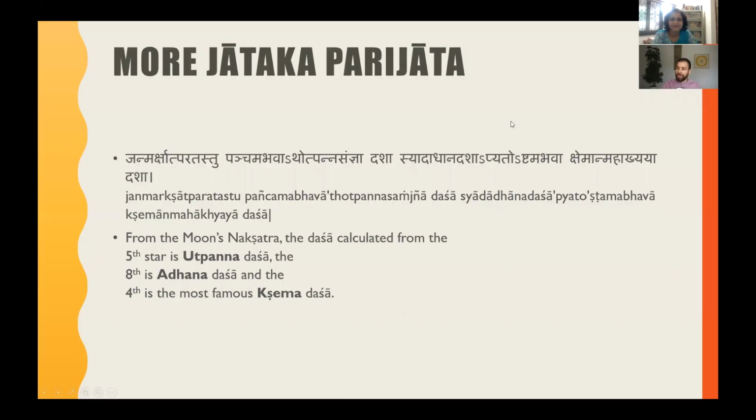And here we are. Very appropriately, the title at the top says, More Jataka Parijata. Vaidyanath Dikshita, the author of Jataka Parijata, comes from a very illustrious tradition, which we believe originates in the Andhra area.